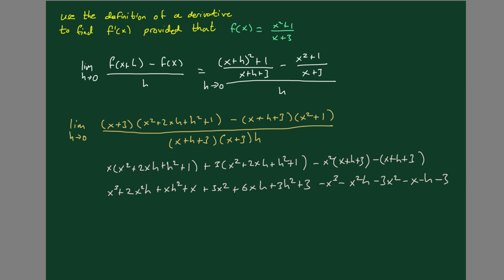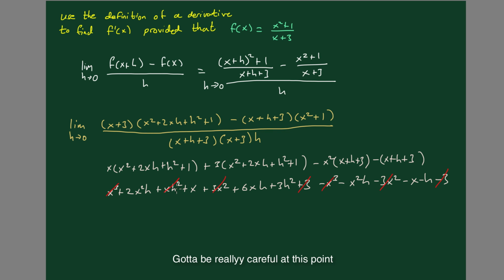So we notice that the x cubed cancels out with the minus x cubed. We have a minus 3 that cancels out with a positive 3, and a 3x squared that cancels out with a minus 3x squared.